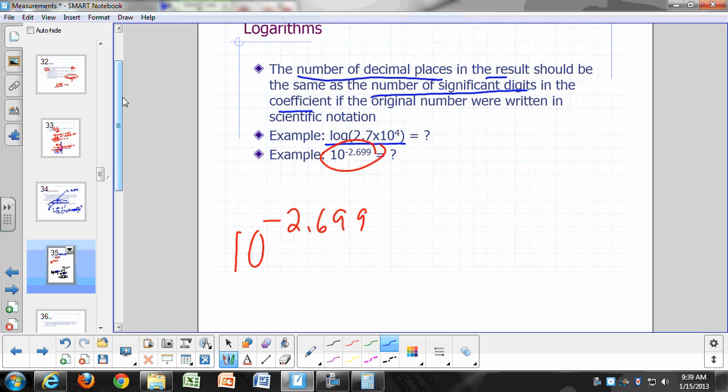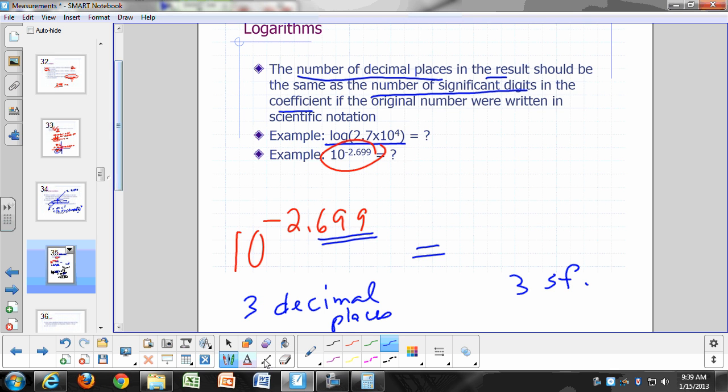You look at how many decimal places you have. You have 3 decimal places. So your answer should have 3 sig figs.